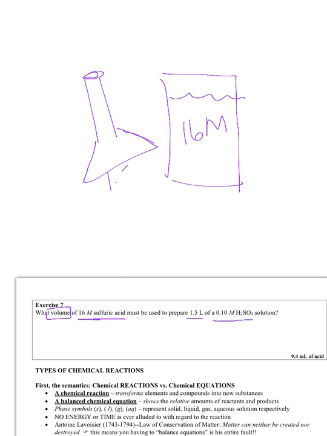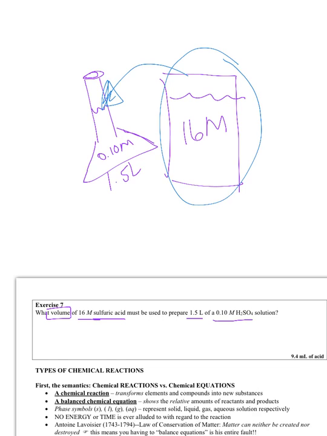I want 1.5 liters of sulfuric acid, but the concentration of this sulfuric acid that I want to make in this container should only be 0.10 molar. So a very, very tiny concentration of sulfuric acid ions should be floating around in my solution. So what I need to figure out is how much of this solution do I need to use in order to make this new very diluted solution. So we're going to list our variables.